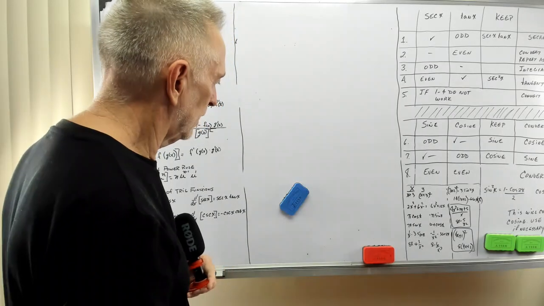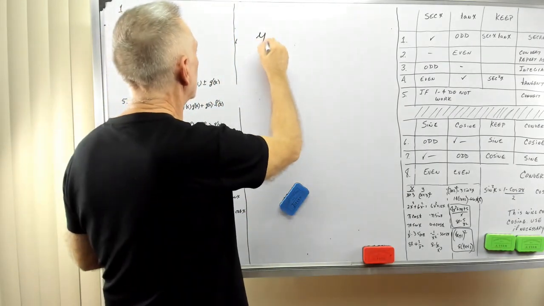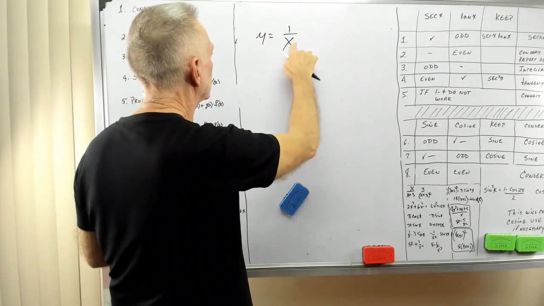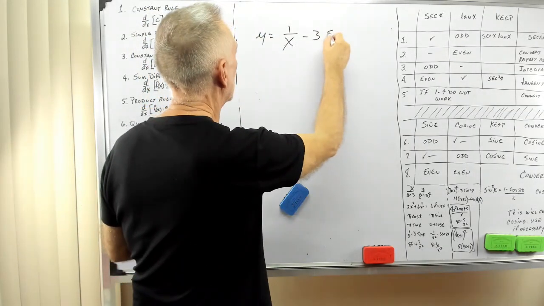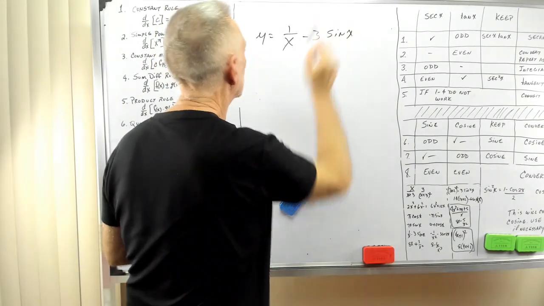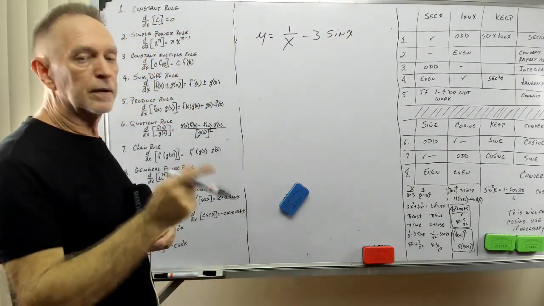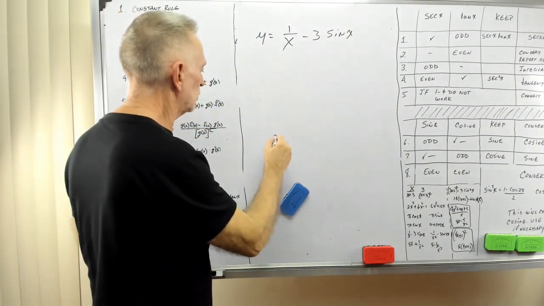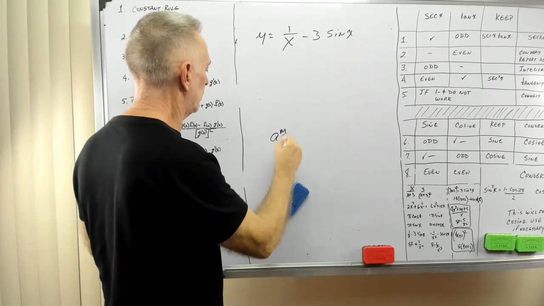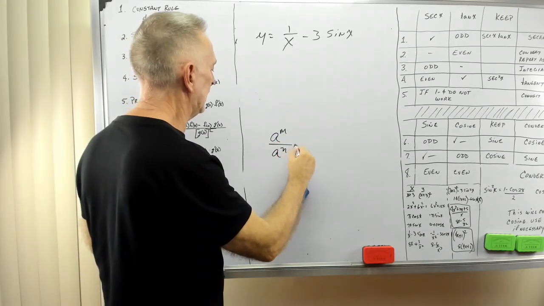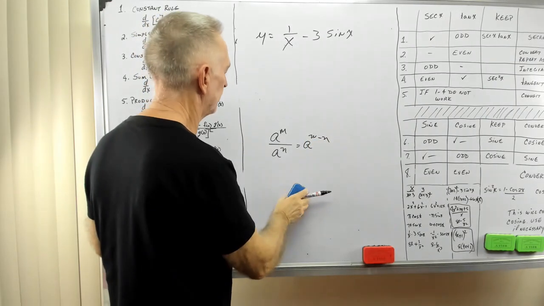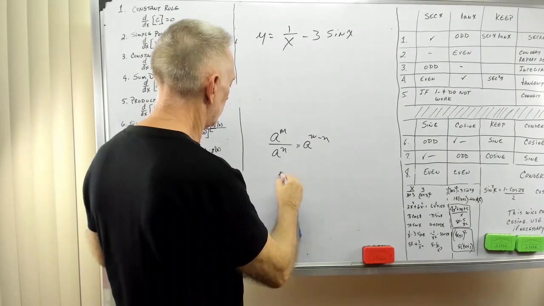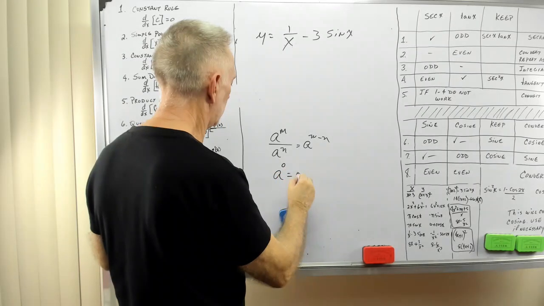Let's see. Y equals 1 over x minus 3 sine x. Now you remember the algebra rule for exponents. A to the m divided by a to the n is a to the m minus n. You also remember the rule says a to the 0 equals what?